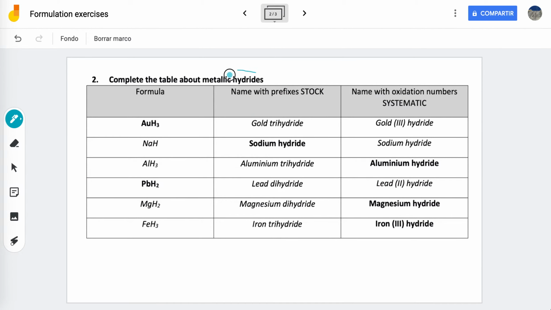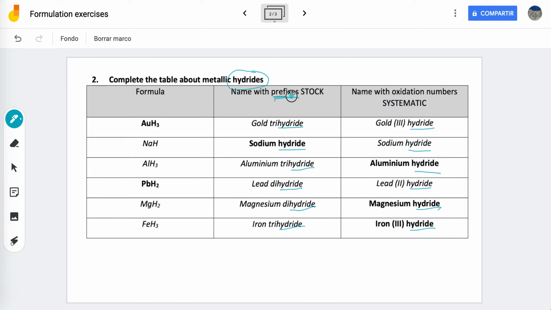Here we're talking about hydrides. Okay, very easy, this one too. All of these compounds end in hydride. In the stock and the systematic one, it is hydride. We don't use prefixes in this case, but here we are going to use prefixes.